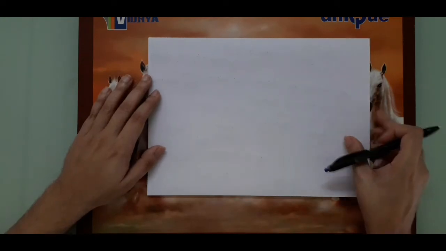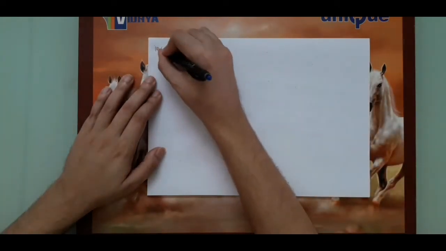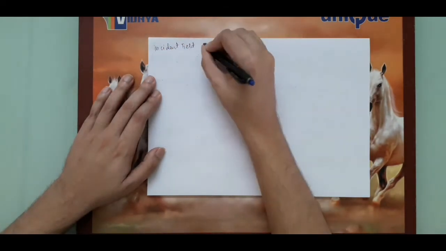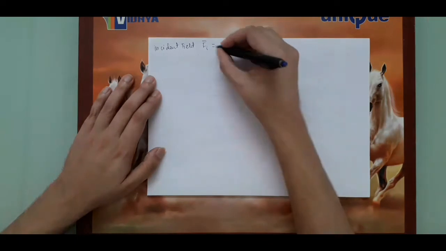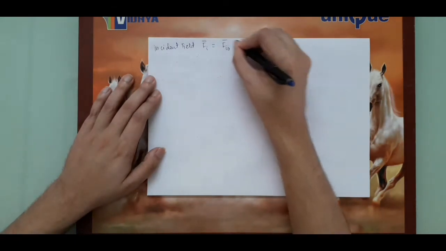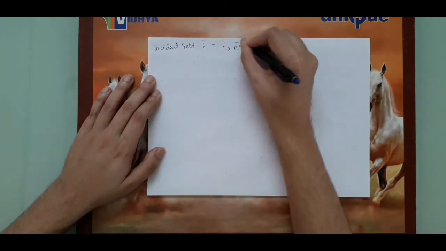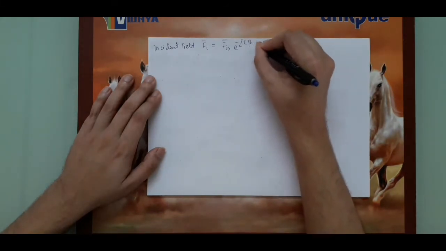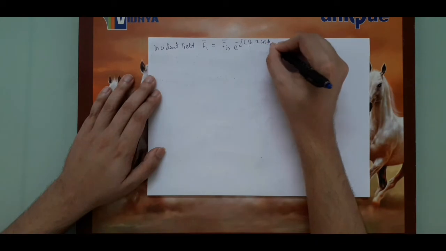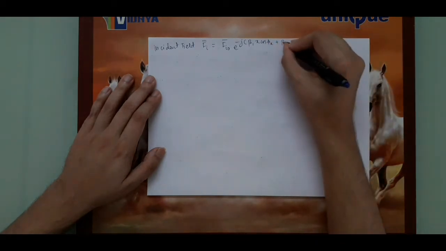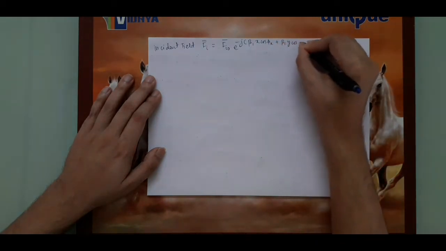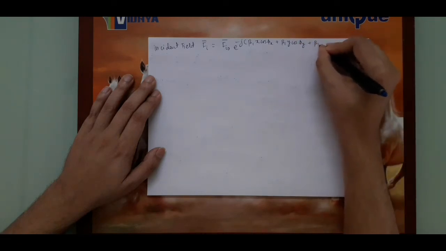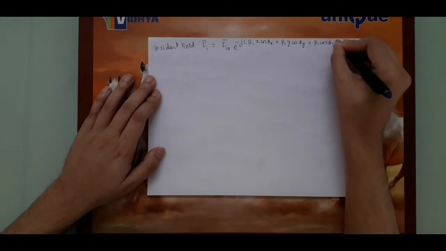The incident field, that is Fi vector, which is Fi0 times e raised to minus j beta 1 x cos phi x plus beta 1 y cos phi y plus beta 1 z cos phi z.